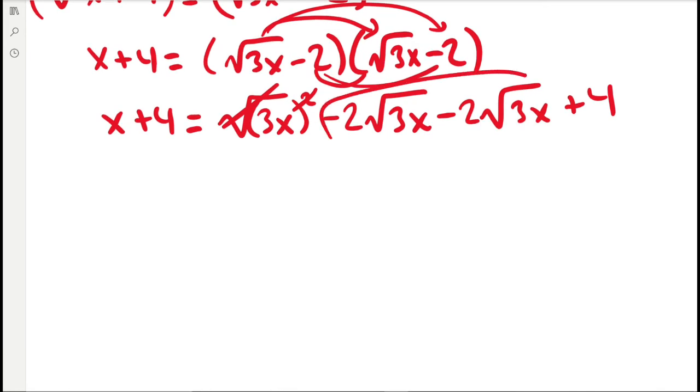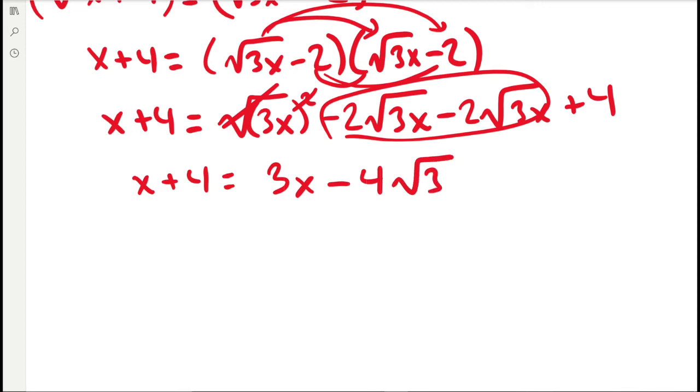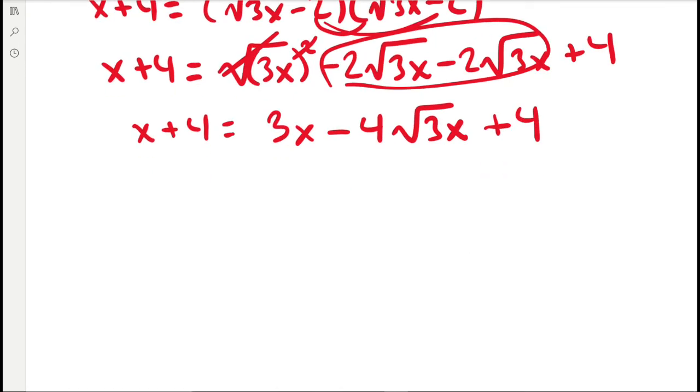All right, so we're going to combine these two together. So we have x plus 4 equals 3x minus 4 square root of 3x plus 4. Remember from the previous lesson, to combine those two radicals, you're just doing negative 2 and negative 2, which is negative 4, and you have that many of the square root of 3x. Again, we have one radical here.